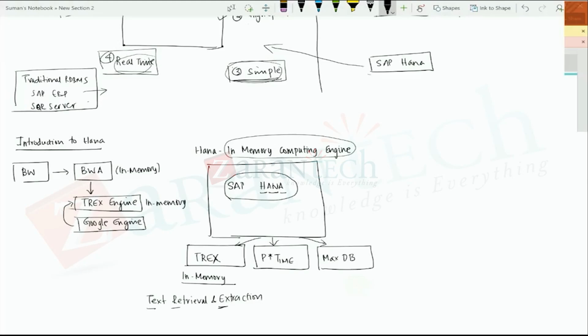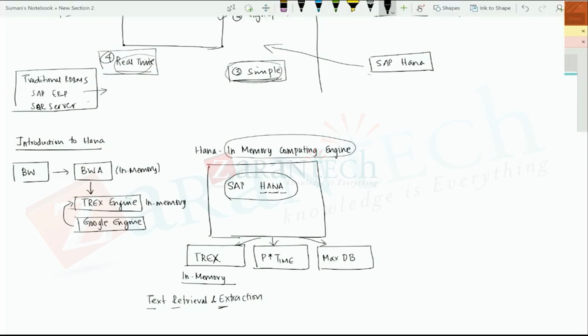So all the in-memory computing capability is given by this functionality called TREX. We will go into the next level of detail on what happens within this in-memory, but to keep it at a high level, anything to do with your in-memory functionality is driven by this TREX engine in your SAP HANA.